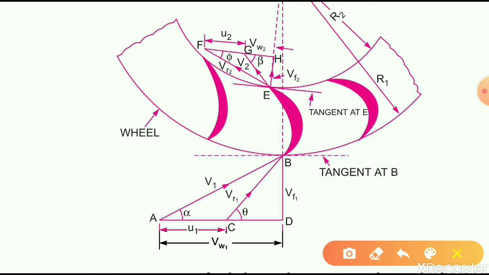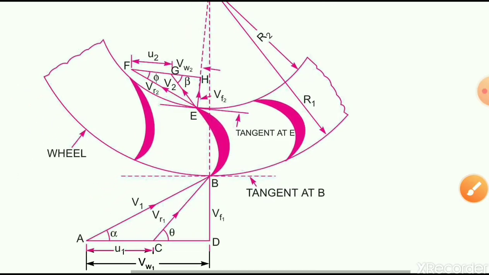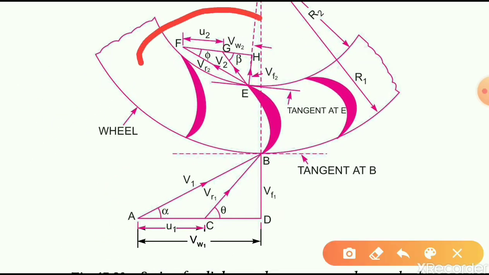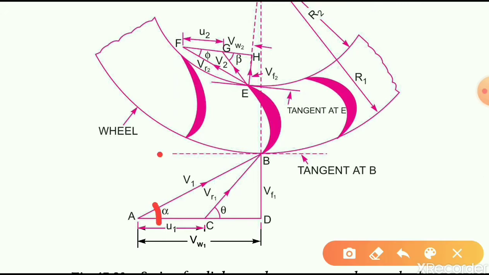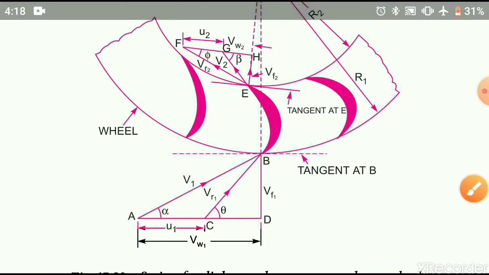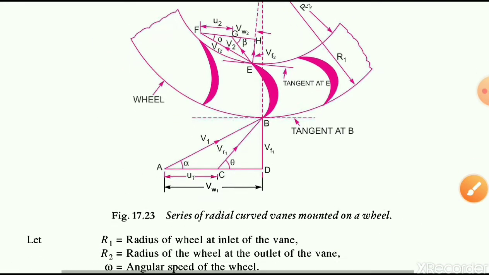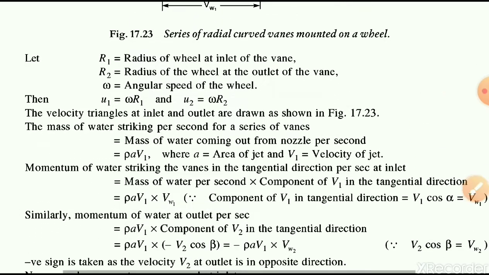Similar terms apply for the outlet triangle. Here, instead of alpha the angle is beta, and instead of theta the angle is phi. All other notations possess their usual meanings.